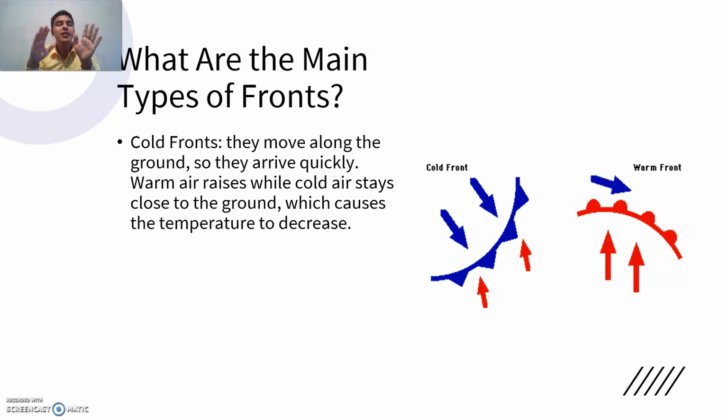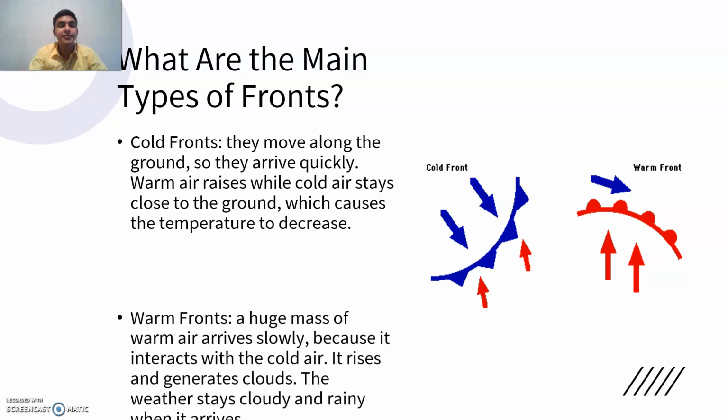Cold air, since it has a higher air pressure, is going to stay on the ground. So whenever it collides with the mass of hot air, the hot air is going to start going up, while the cold air stays on the ground. So most likely the temperature is going to decrease when one of these cold fronts arrives at a certain location.